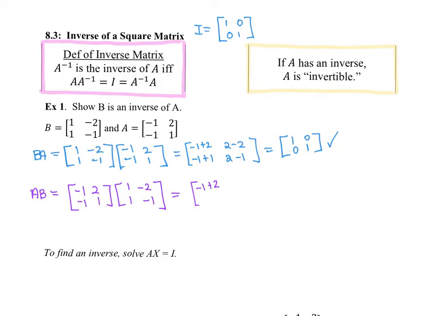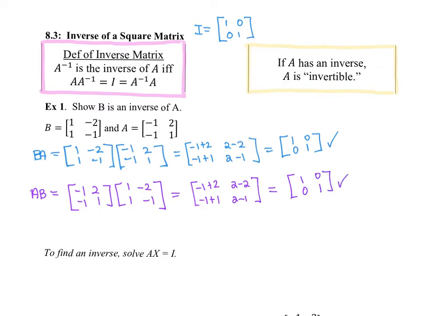Row 2, column 1: -1 plus 1. Row 1, column 2. Row 2, column 2: plus 2 minus 1. 1, 0, 0, 1.